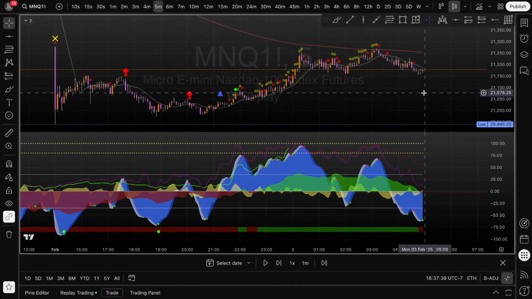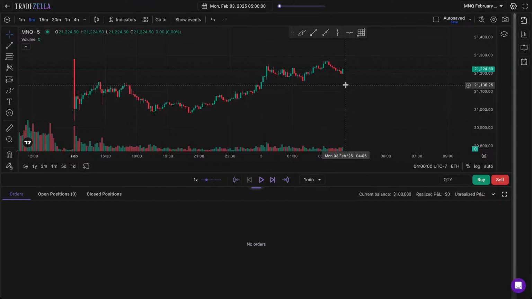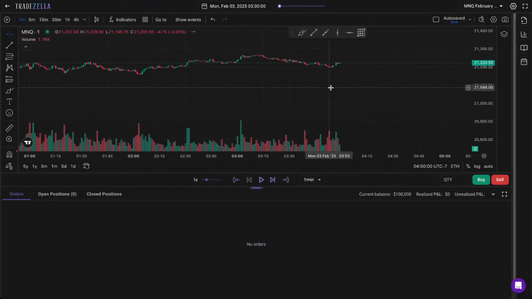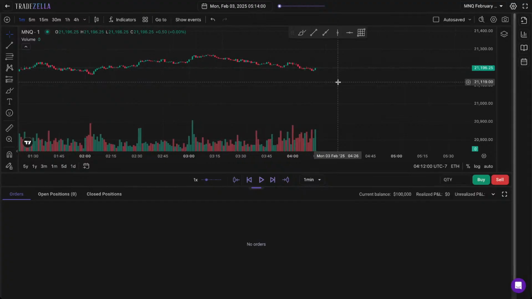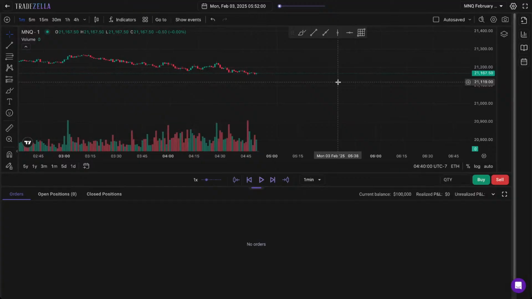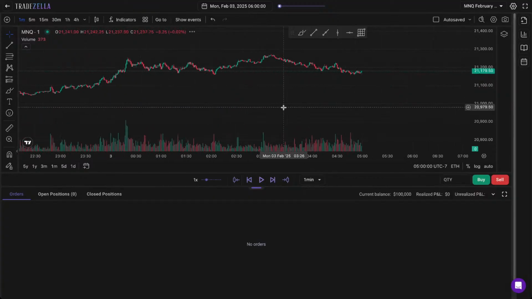We also know this says February 2025, Monday 3rd, 4:55 a.m. This is 4 a.m. for some reason. Let's just get this to 5 a.m., shall we? There we go.